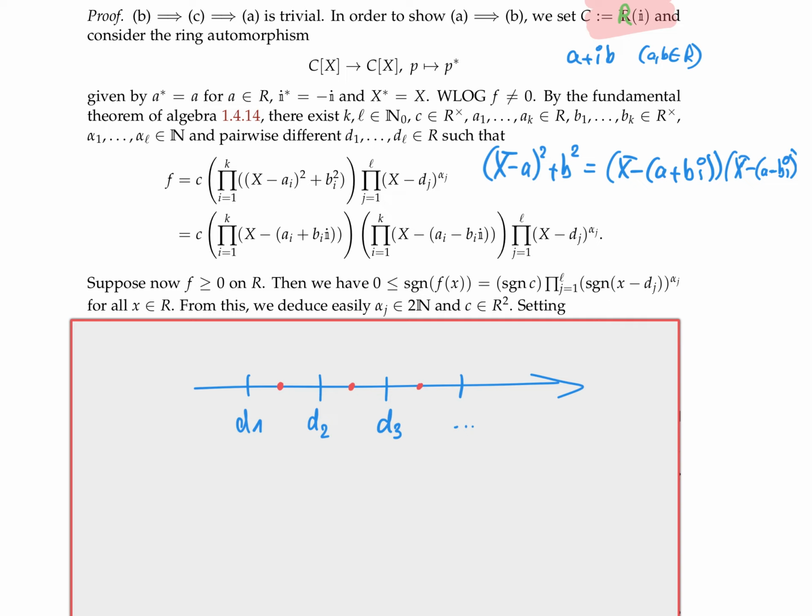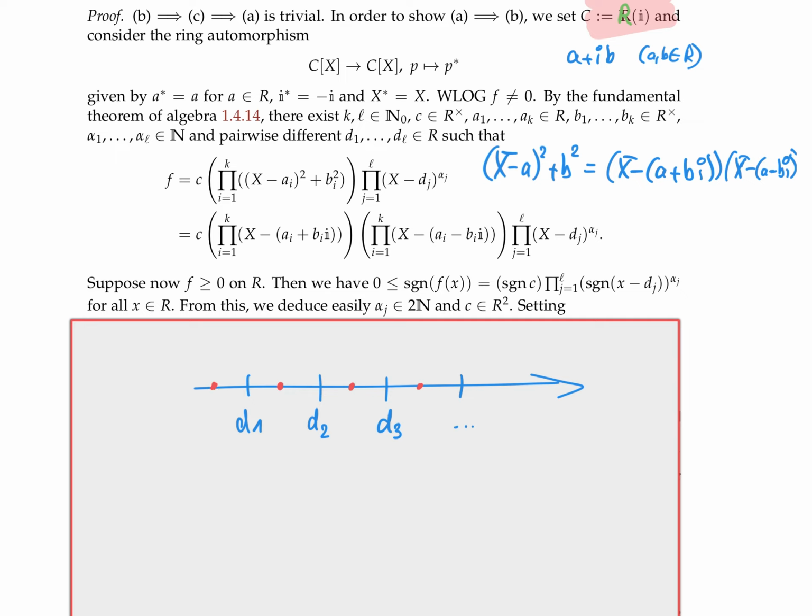In the same way, you deduce, for example, that alpha 1 is an even number by looking at this point and so on, where this point, for example, is d1 minus 1.